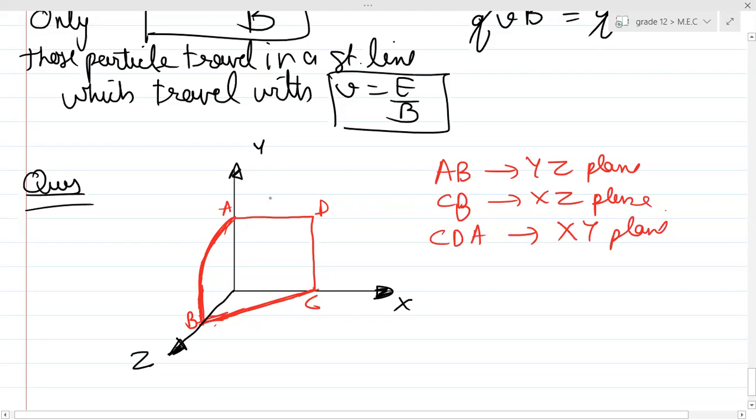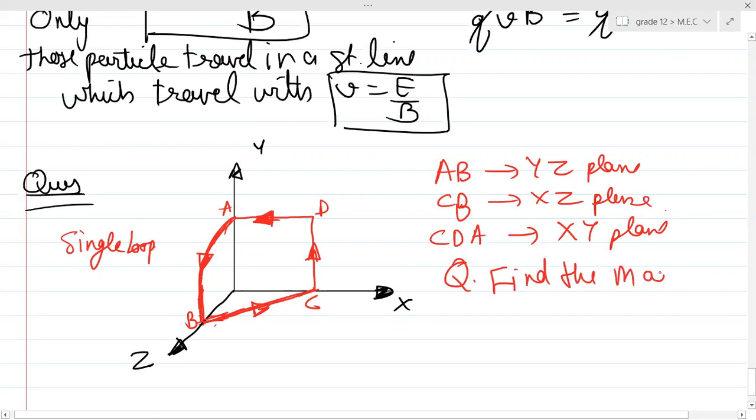Now the question is, the current in it is going like this. A single loop is there. The number of turns is basically one. This is just a single loop. Now the question is, find the magnetic moment.